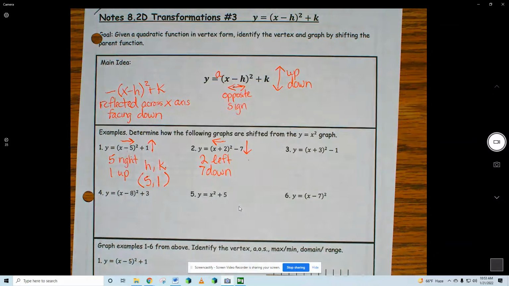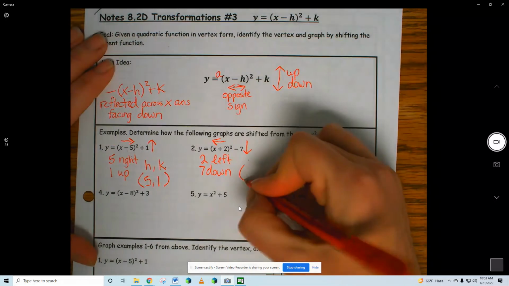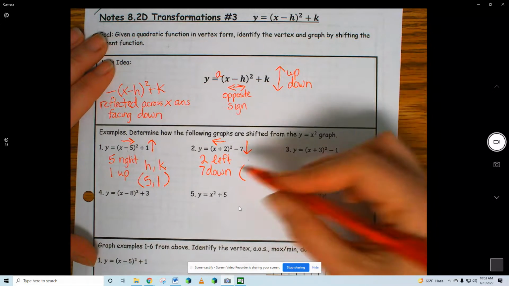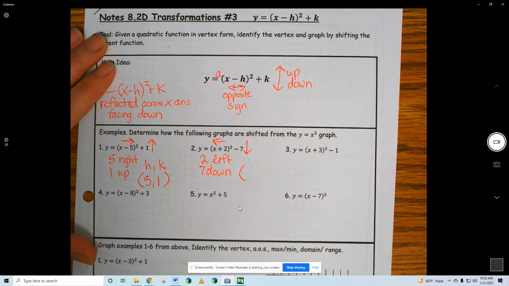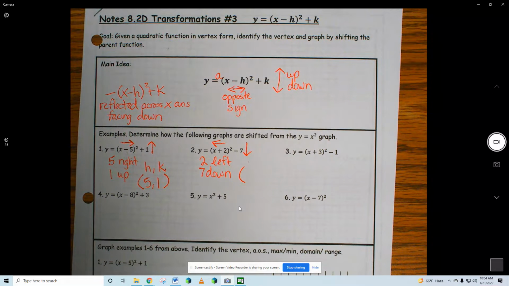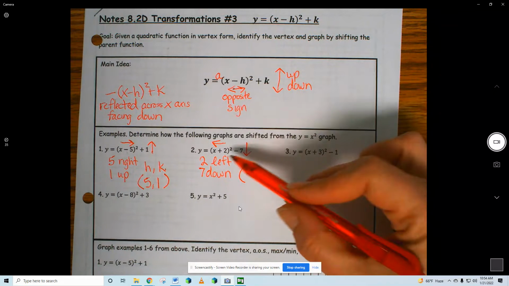So I want this to be getting like second nature for you. What's my vertex for number 2? 2 left and 7 down. Someone knew. From 0, 0, I have to go 2 left and 7 down.